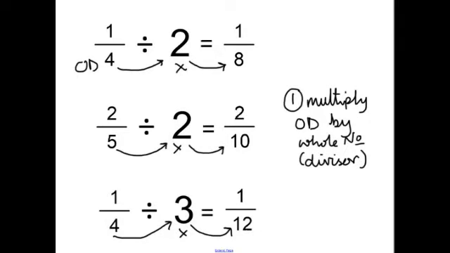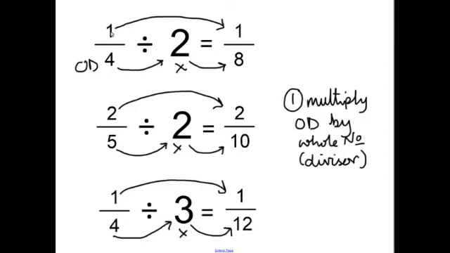Then we need to consider the numerators, and as you can probably spot, the pattern is fairly obvious. In each calculation the numerators are not changing from the original numerator to the answer. In our first one the numerator was 1 and the numerator is 1 in our answer. In the second one the numerator is 2 and it is 2 in the answer. And for the third one, the numerator is 1, and even though we're dividing by 3 here, the numerator is still 1.